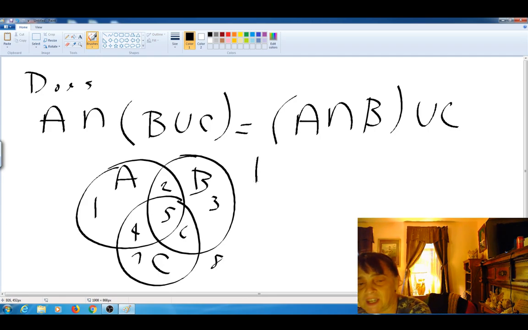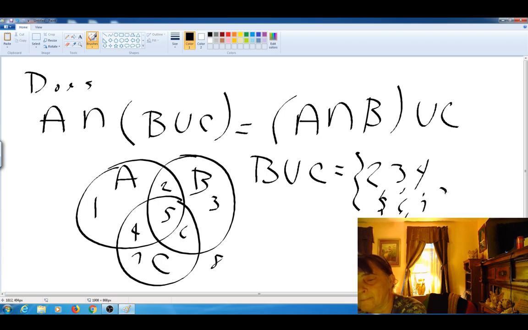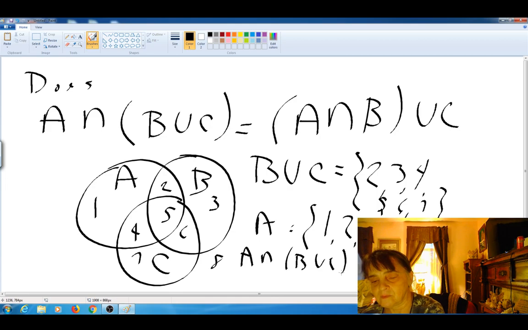Okay, B union C is what? 2, 3, 4, 5, 6, 7. And A is 1, 2, 4, 5. So A intersect B union C is 2, 4, 5.